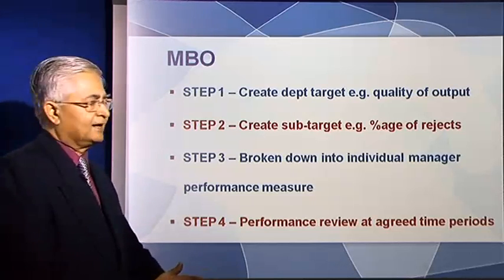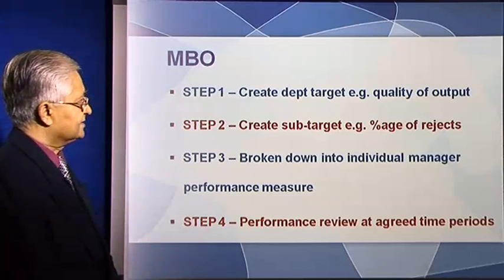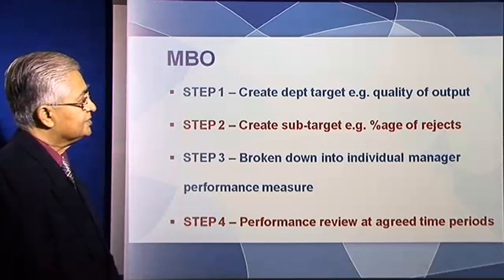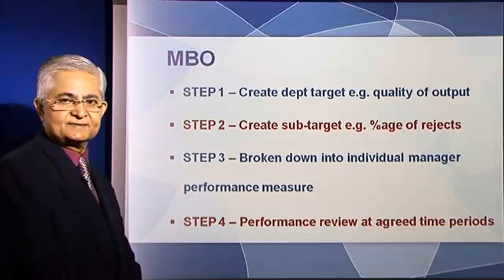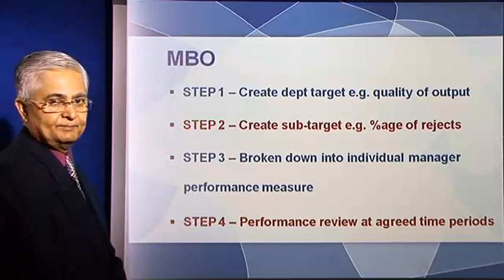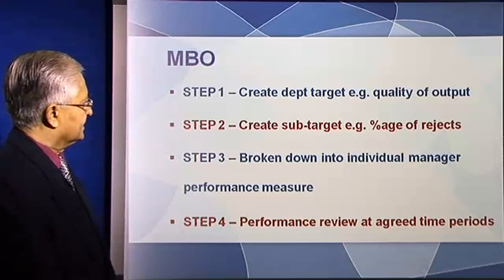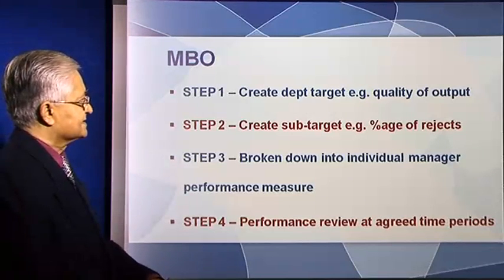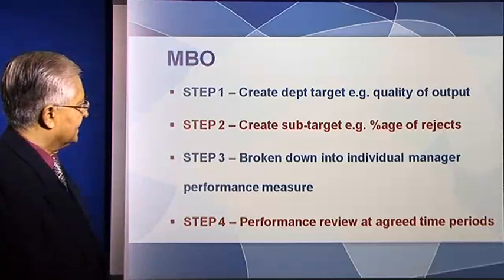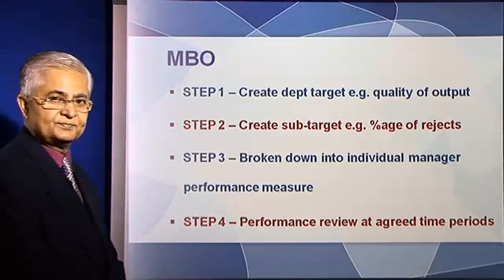If the target of the manufacturing department is to reduce the percentage of rejects, that would help it to achieve step one. Now that this has been agreed on by the department, let's move to step three.